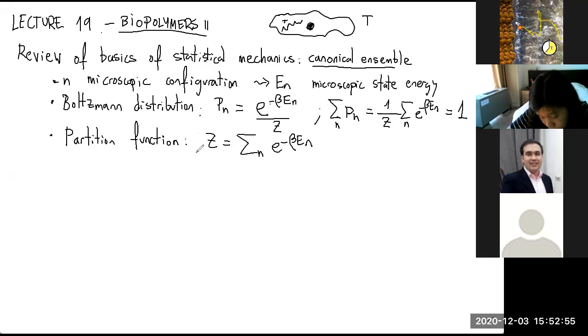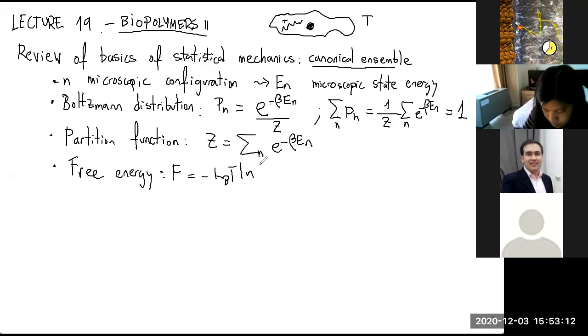In particular, from the partition function, you can get what is called the free energy, the Helmholtz free energy, which is F, obtained as minus kBT log of Z. This is the natural logarithm. This is a definition, but it's called free energy.